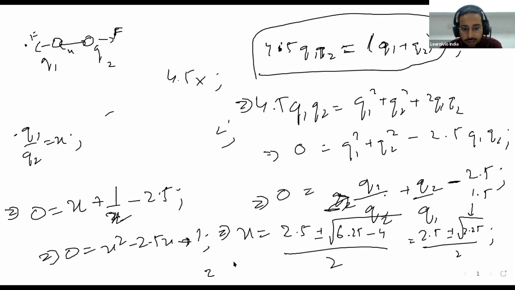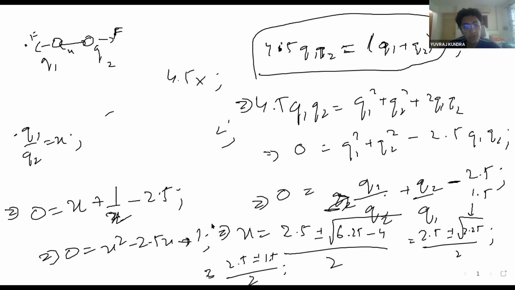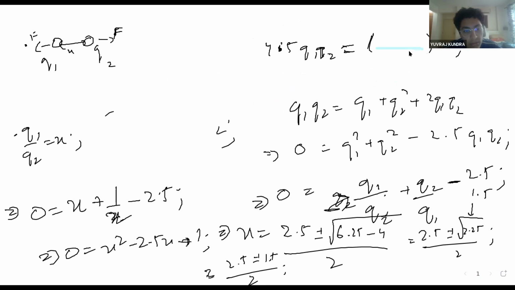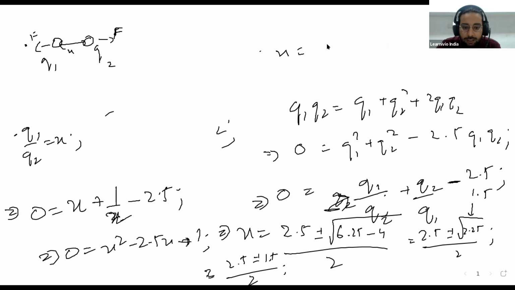So this is 2.5 plus minus 1.5 over 2, so you can have two answers: 2 and 1 by 2. So your x can be equal to 2 and 1 by 2.